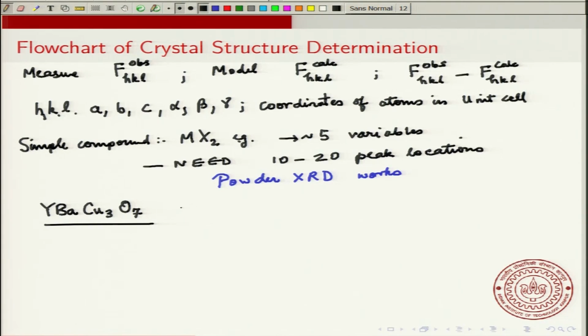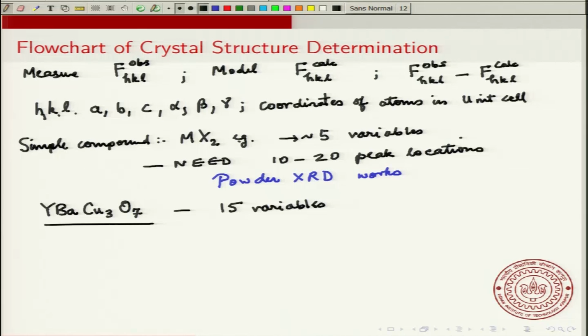So, you have a lot of atoms. Typically you can see that there are 7 plus 3, 10, plus 2, 12 atoms. And you will typically have about 15 variables to determine in order to determine the structure completely.